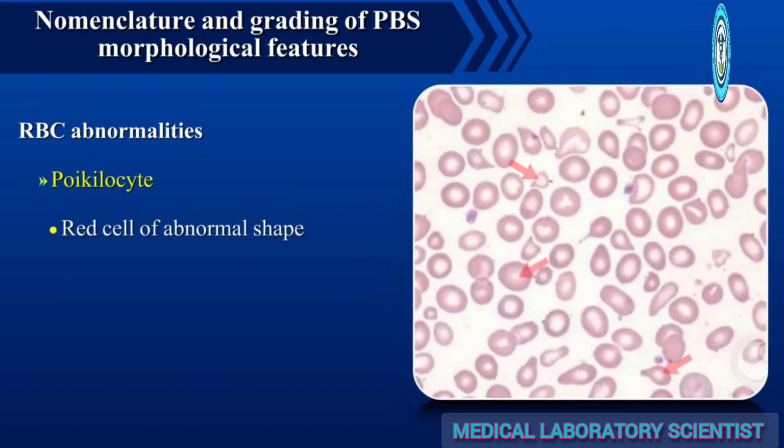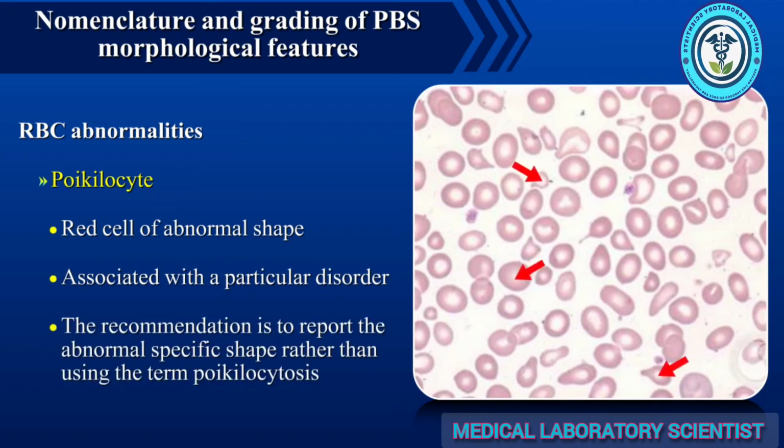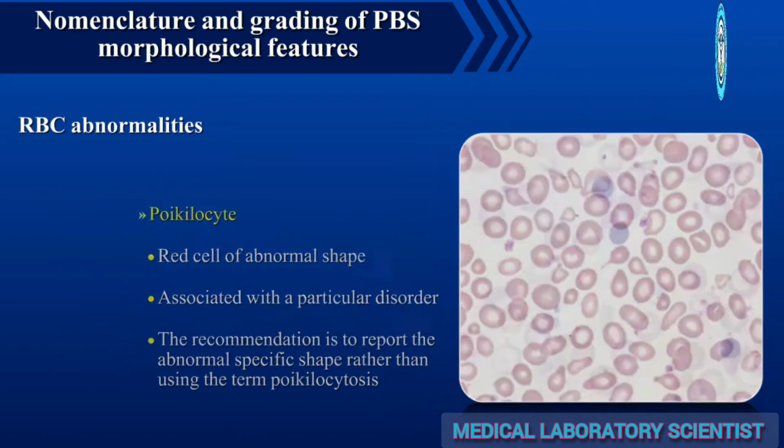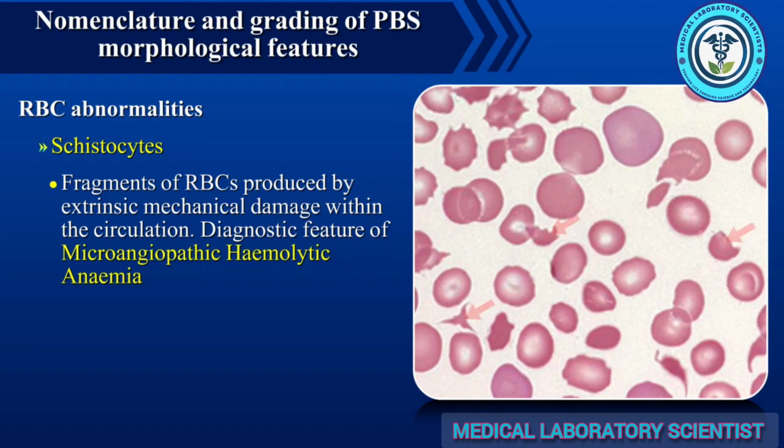Poikilocyte is a red cell of abnormal shape and may be associated with a particular disorder. The recommendation is to report the abnormal specific shape rather than using the term poikilocytosis. Cystocytes are fragments of red blood cells produced by extrinsic mechanical damage within the circulation and are a diagnostic feature of microangiopathic hemolytic anemia.